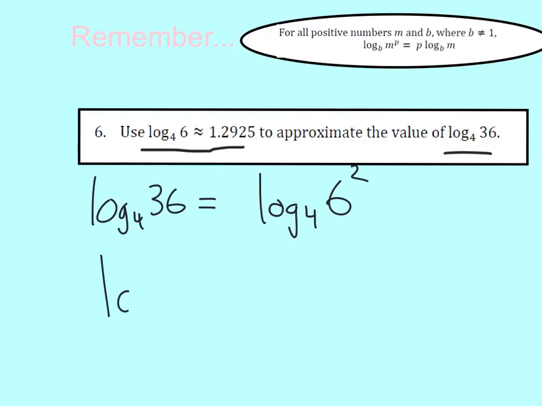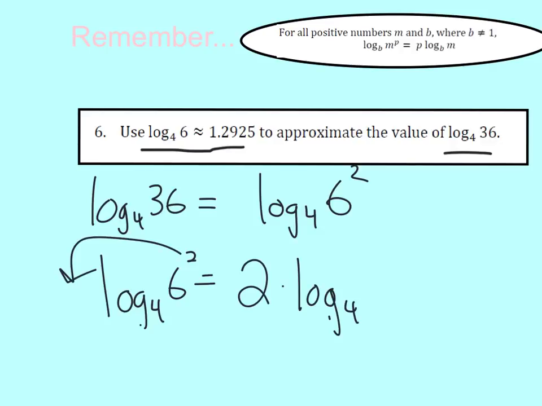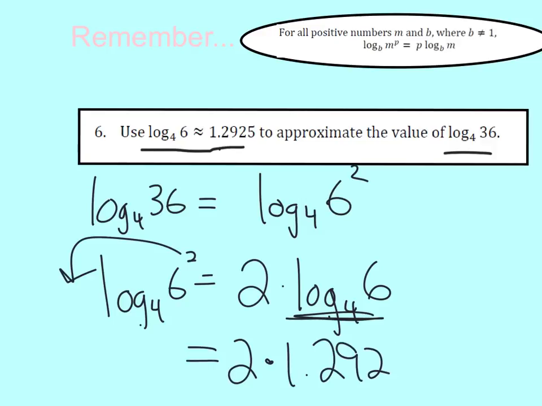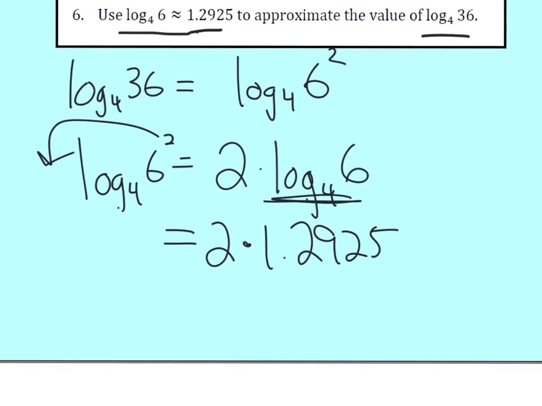So now log base 4 of 6 squared means I can move this out front. So that's going to be 2 times log base 4 of 6, which we know is 1.2925.